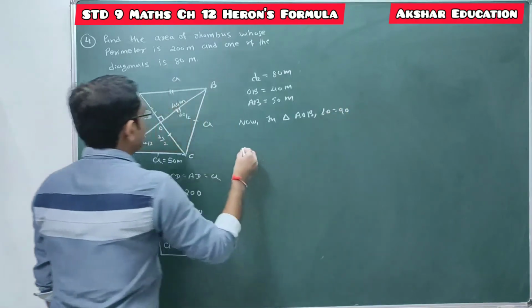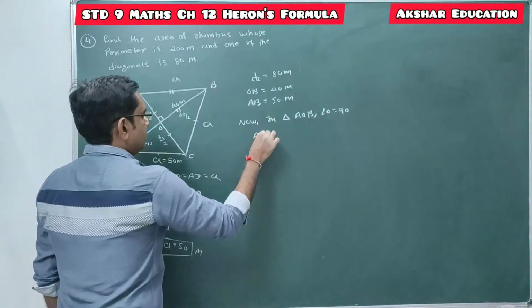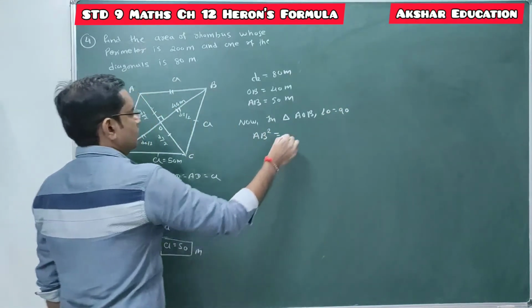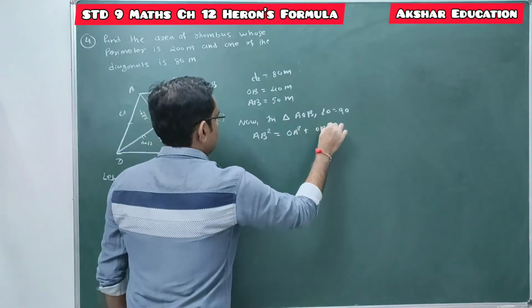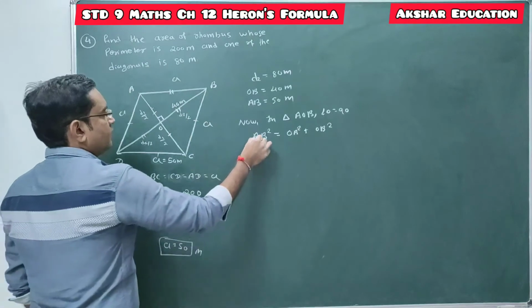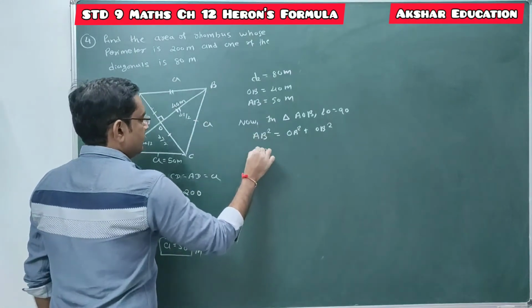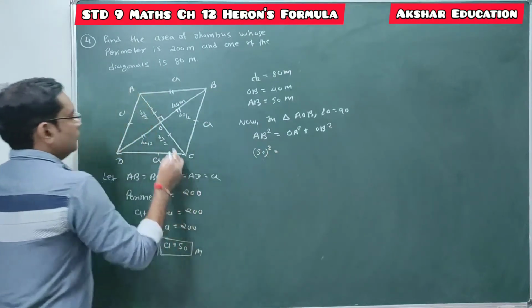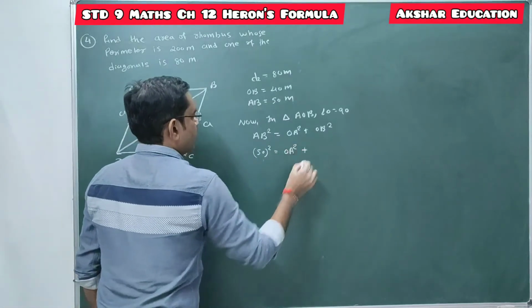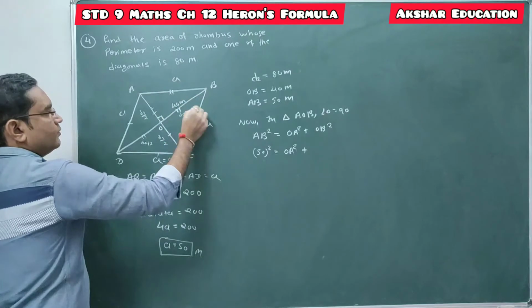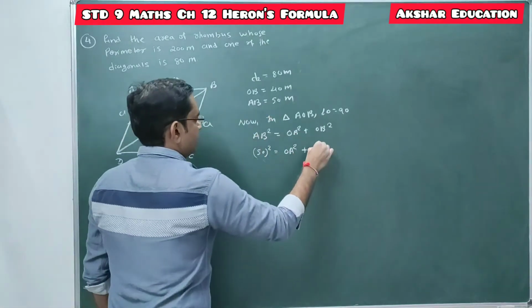So by using Pythagoras theorem, we can say that AB square is equal to OA square plus OB square. So AB square, which is 50 square, equal to OA square, that you have to find, plus OB square, that is the half of diagonal, which is 40 square.